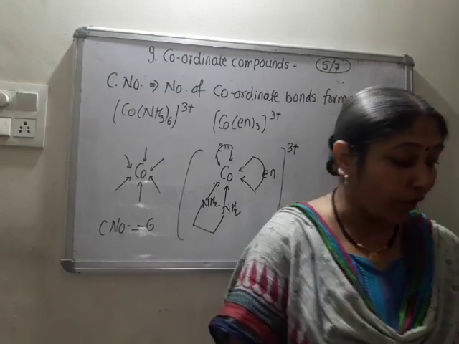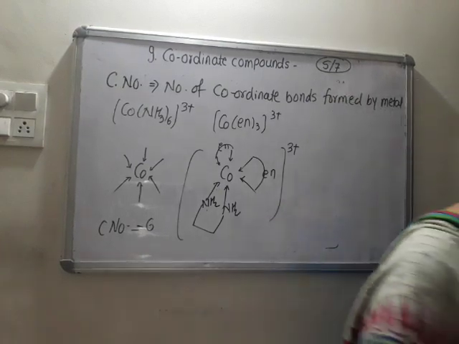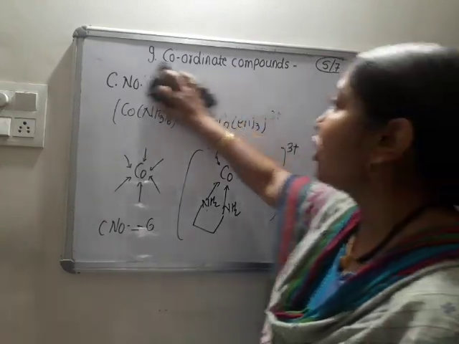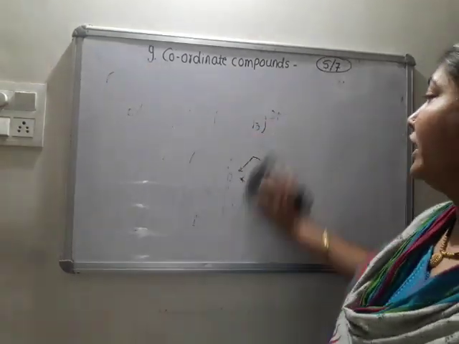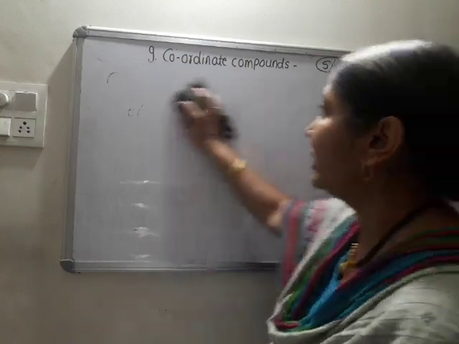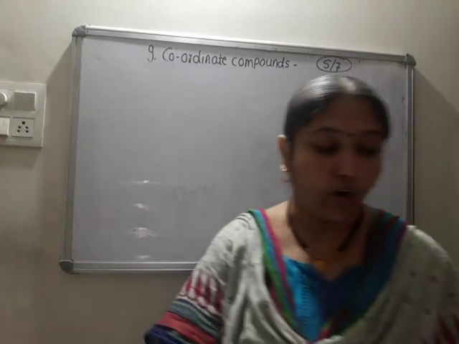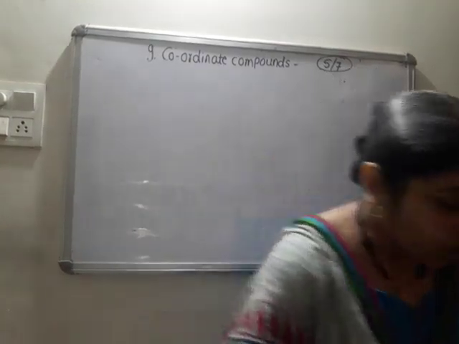Next very important point, always asked on this topic, is double salt and coordinate complex. What's the difference between double salt and coordinate complex? So double salt means what?